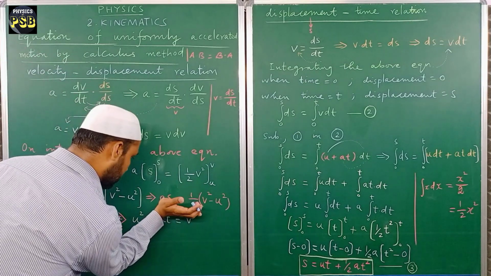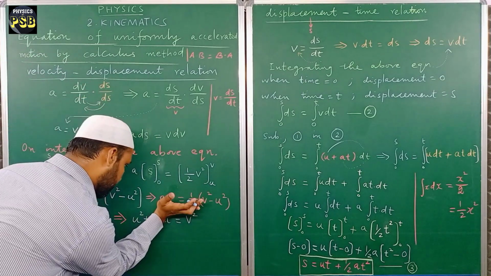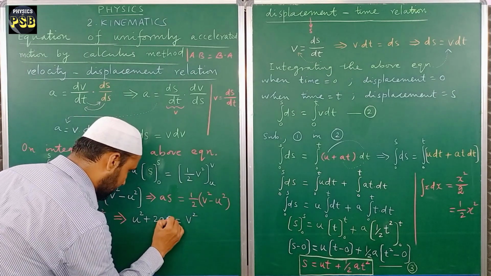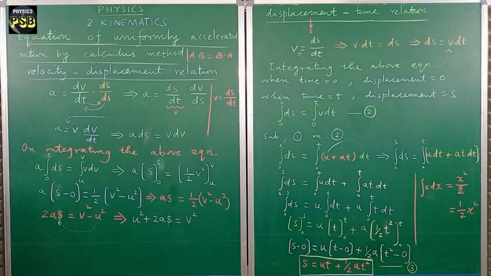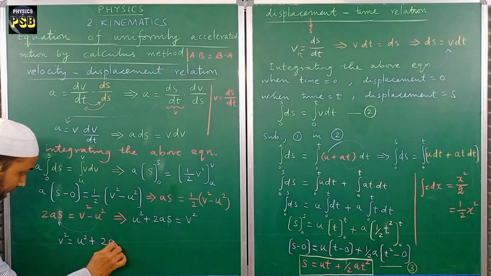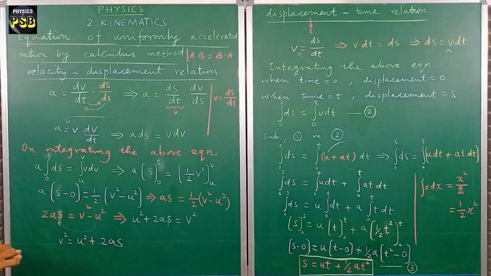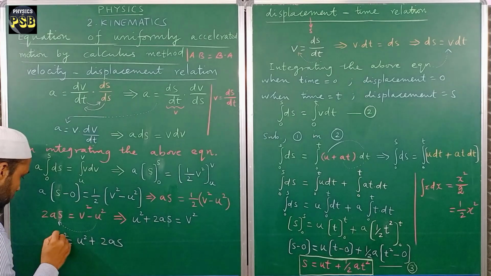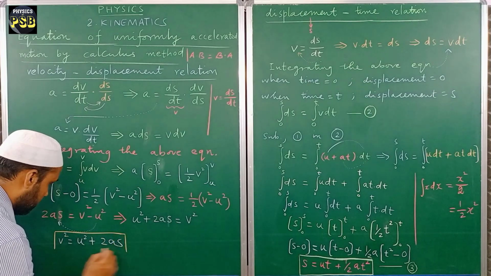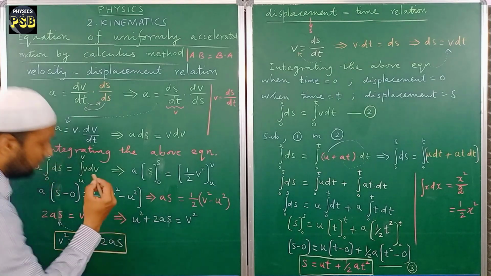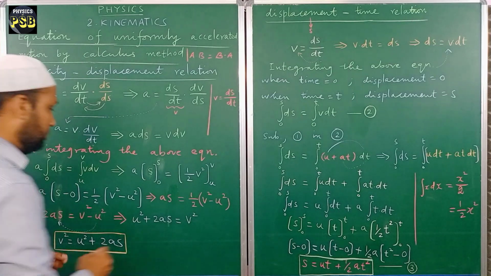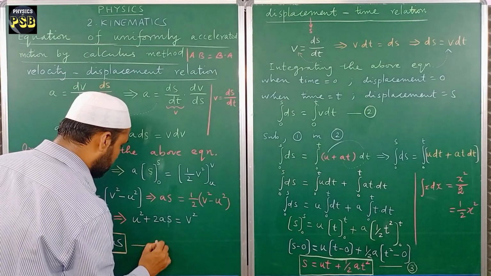So it is not a t, it is an s here. Right? Fine. So I rearrange this formula. So v square is equal to u square plus 2as. This is the final expression which gives us the third equation of motion. I name this as equation number 4.